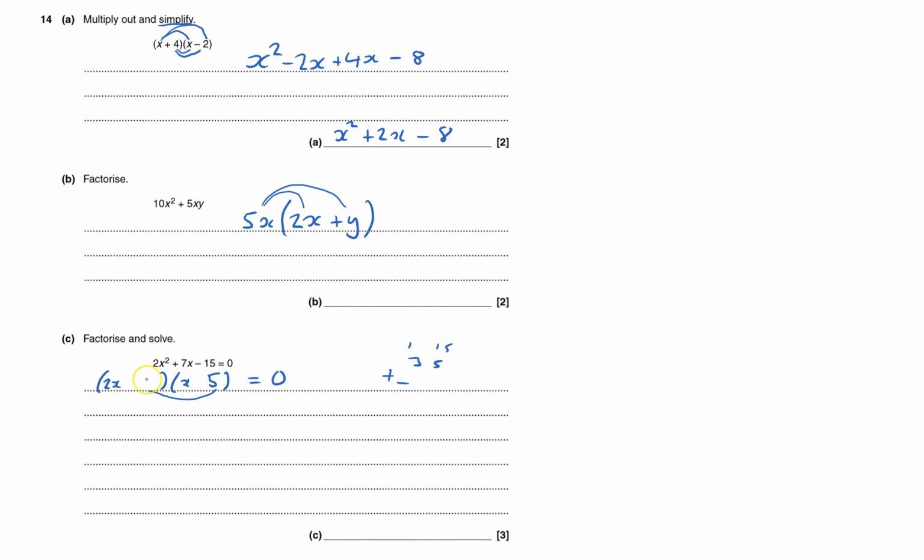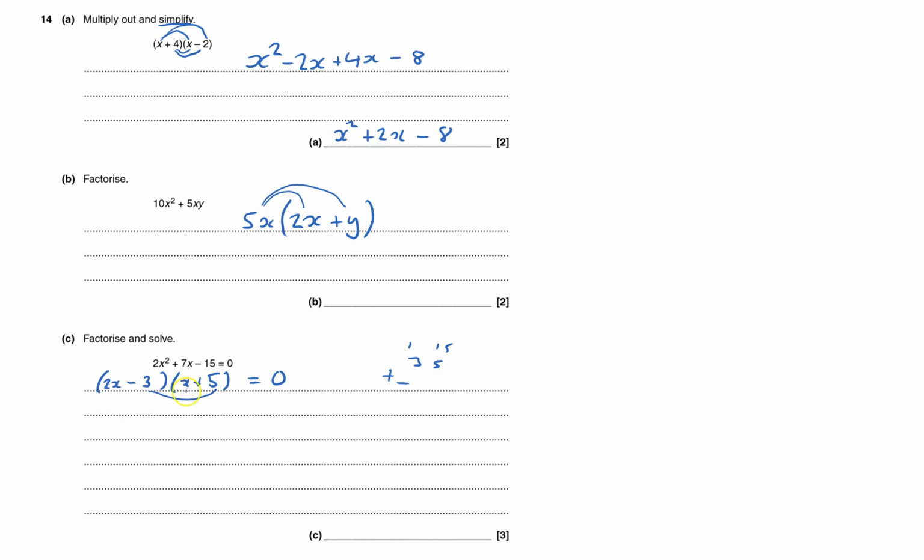And this one's going to have to obviously be 3. And I want it to be plus 7x, so the 2x is going to come through to get the 5, which is going to make it plus, so that's going to be plus there. That'll be plus 10x, and that'll be minus 3x. Always just check, so 2x squared plus 10x minus 3x is plus 7x, and then minus 15.